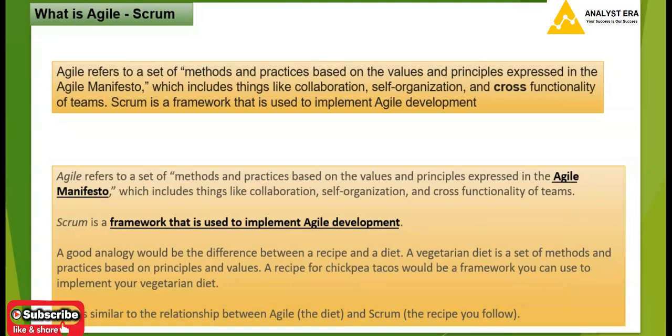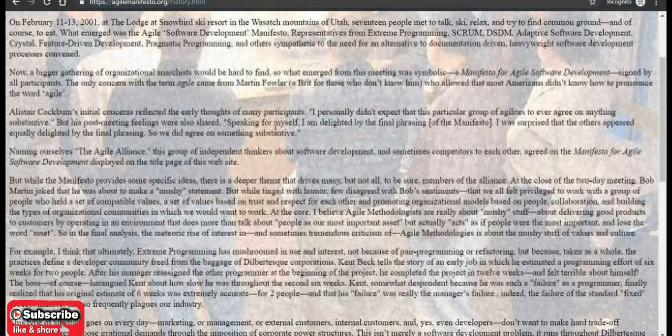So what is Agile and what is Scrum? Agile refers to the set of methods and practices based on, well, the Agile Manifesto. It's an official website. This is where it is defined what Agile is and what should be done in an Agile process.